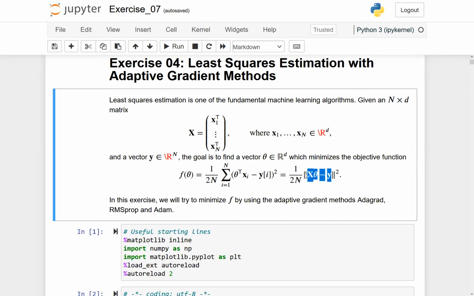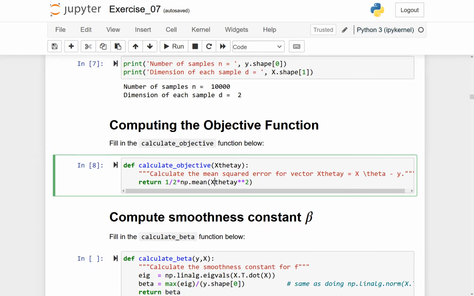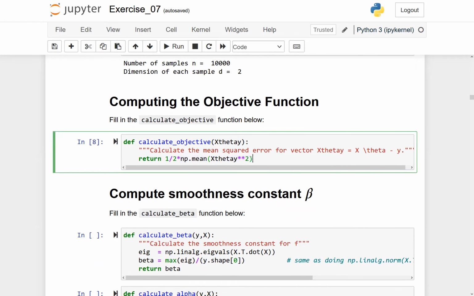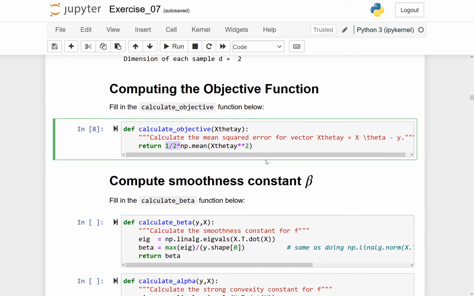All we need to do to get the objective value is to compute the Euclidean squared norm of this thing and divide it by 2 times n. Computing the mean when we square up all the entries and dividing by 1/2 is doing exactly what we want here to have the squared Euclidean norm.